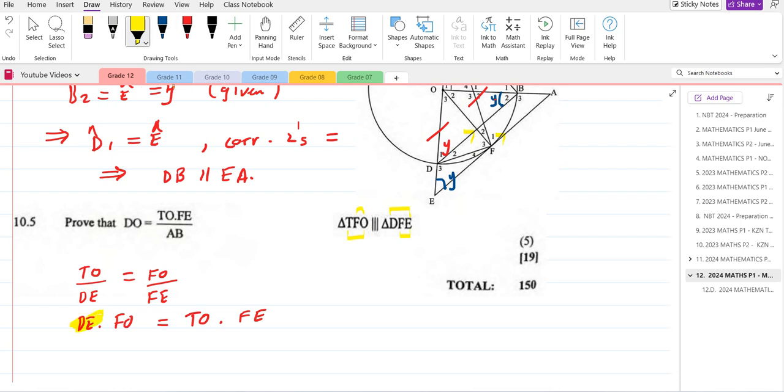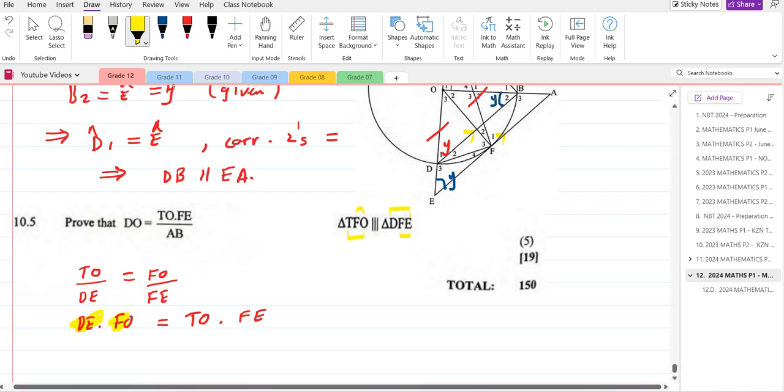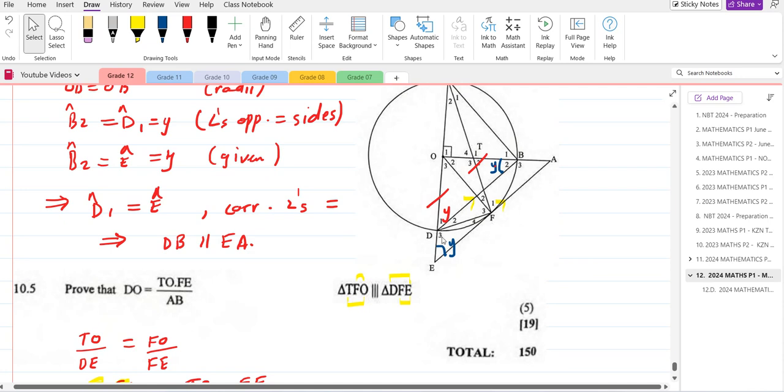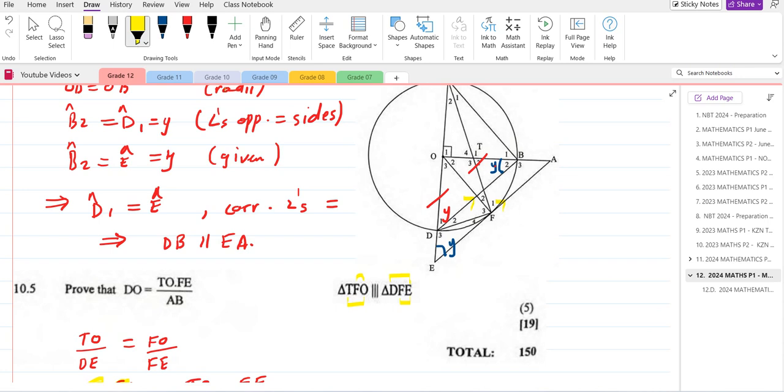We need to look at DE, FO and DO, AB. Let's check. DE is the small part here, right? And FO is this radius over here. So DO, AB, we need DO and AB. DO is here and we need AB there.